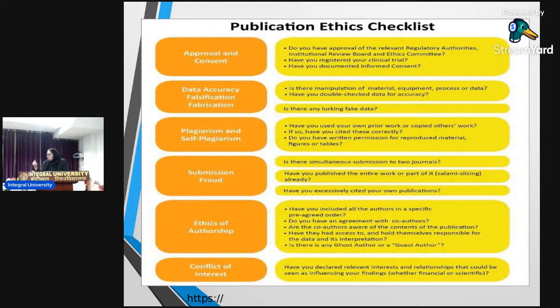So, okay, I am testing a drug from a company where I have some interests. I have to disclose it, right? After disclosure, if the reviewers want to proceed with the reviewing process, they will let you know. If they do not want to proceed, that is also their prerogative. But you have to disclose the conflict of interest.